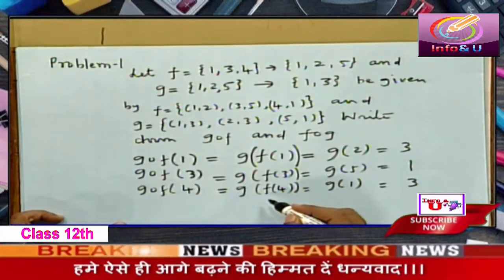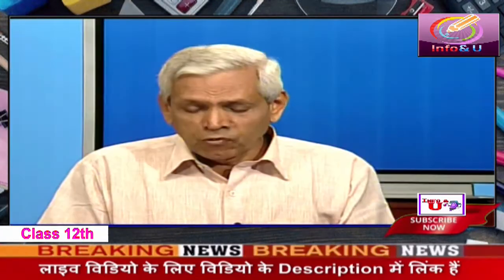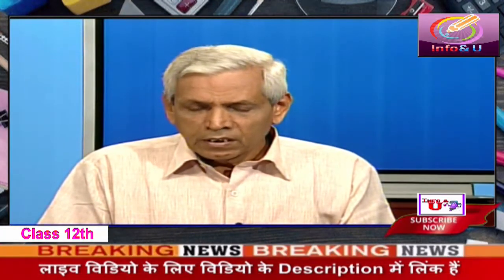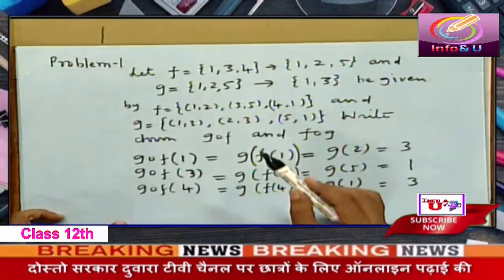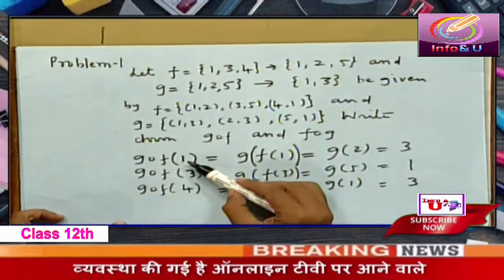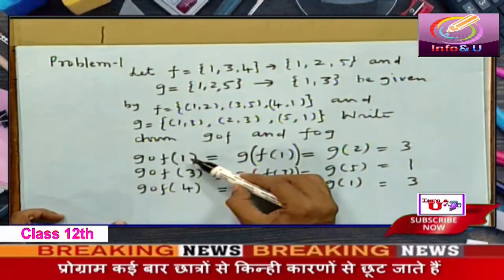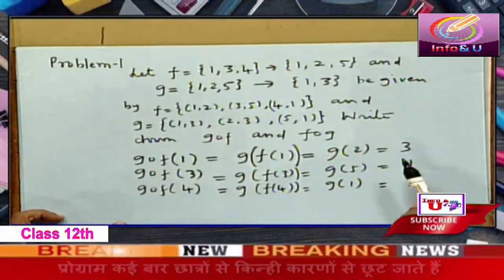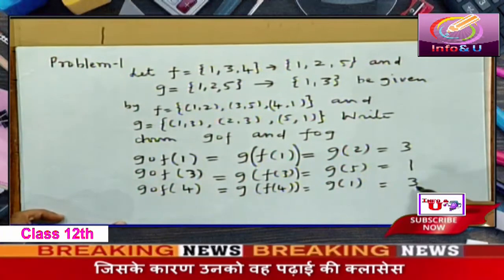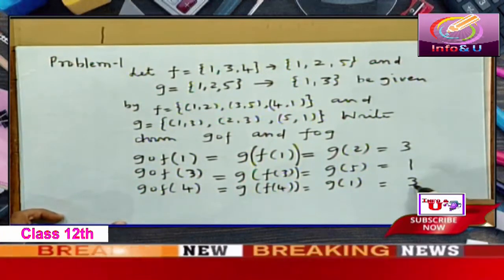Thus, our domain of GOF was A, and A contained 3 elements 1, 3 and 4. We have all the elements' images for 1, 3, 4, which came to be 3, 1, 3 respectively.